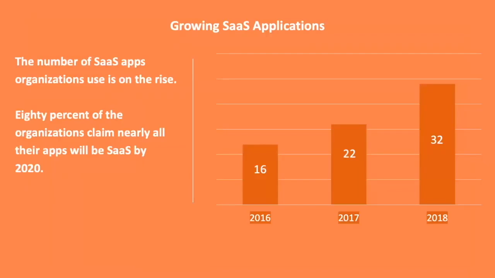If you compare 2016 and 2018, the numbers have doubled. The number of applications that a small and medium-sized association or a nonprofit organization is using is at least 32. This is an industry surveyed number, but if you look at our own customer base, a mid-sized association is using roughly 70 to 80 SaaS applications.